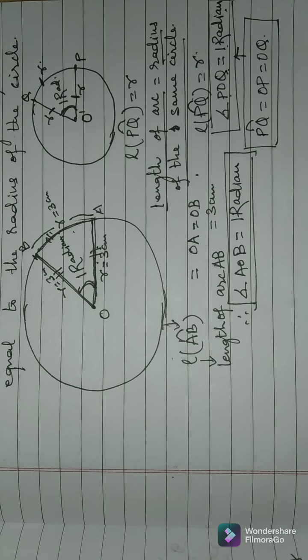If the radius is increased, suppose the radius is 5 centimeter and the arc length is 5 centimeter, then the angle made by the arc at the center is again 1 radian. If the radius of the circle is increased or decreased, and the length of the arc is taken the same as the radius, then the angle at the center is again 1 radian. It means that 1 radian is a fixed angle.